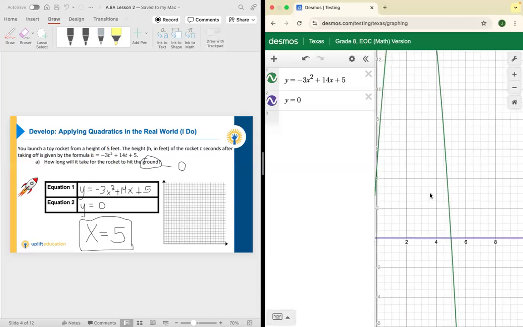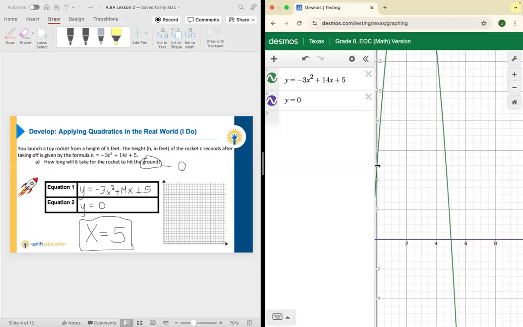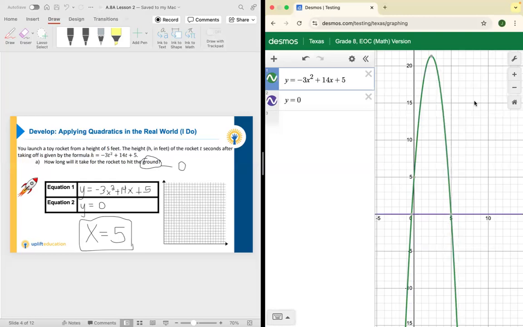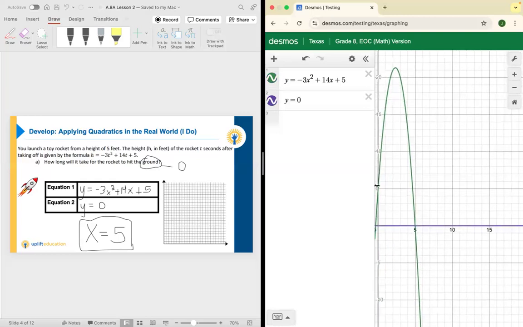So essentially, if we're paying attention to the graph, we only need to pay attention to the graph from where we started from, which is here. Let me zoom out one more time so you can see the top of it. Where we started from, which is here at 5. So the rocket started here, it went up into the air, and it stopped and it hit the ground right here. So that purple line is signifying the ground. I hope that makes sense.